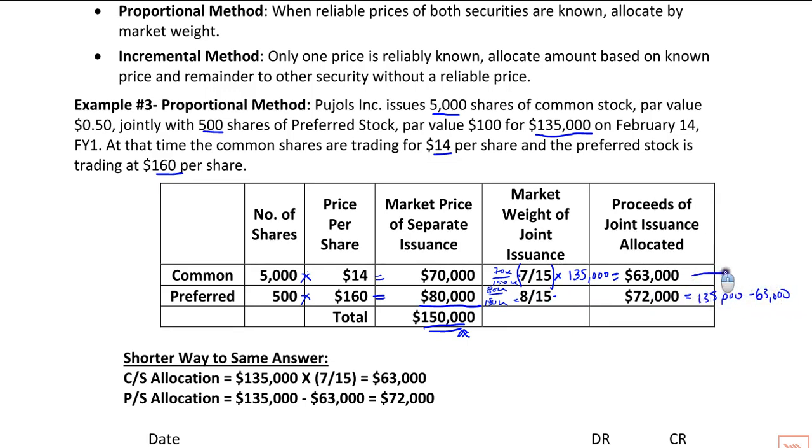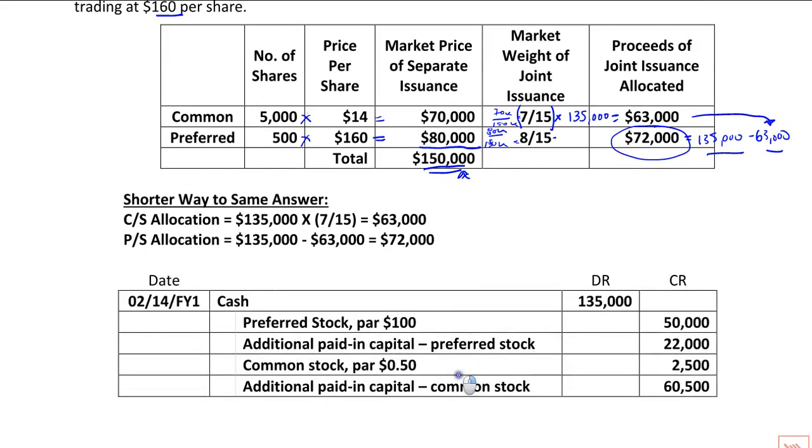You see, you're allocating 135,000. If you've already calculated 63,000 is going to the common, then 135,000 minus the 63,000 must be going to preferred. Okay. And look at that. I didn't even notice. I'm so smart I already did this, but I'm so dumb I didn't notice. That's what I'm saying down here. Shorter way to the same answer.